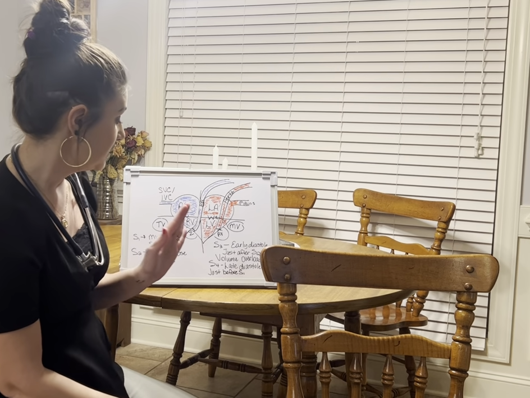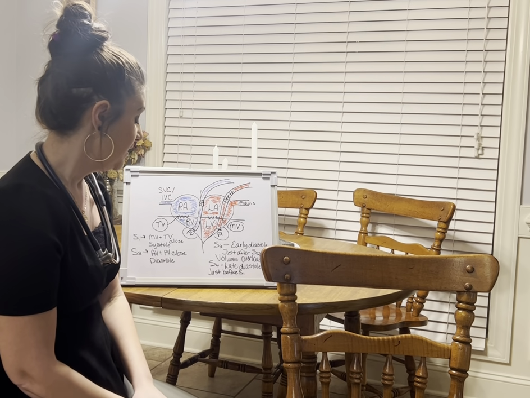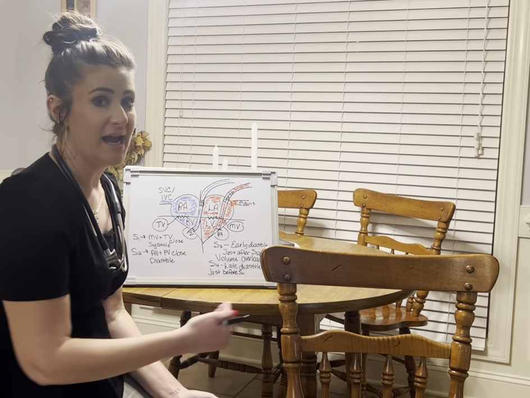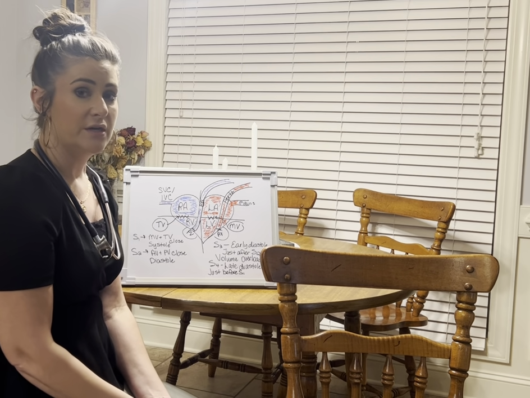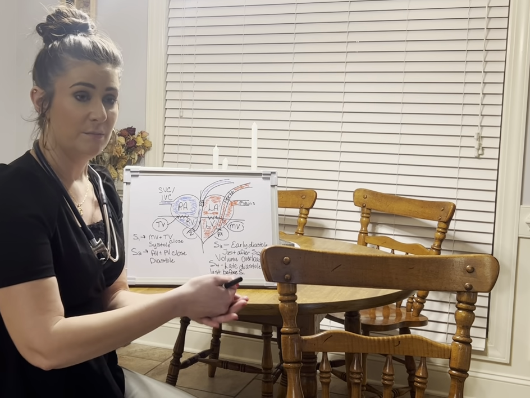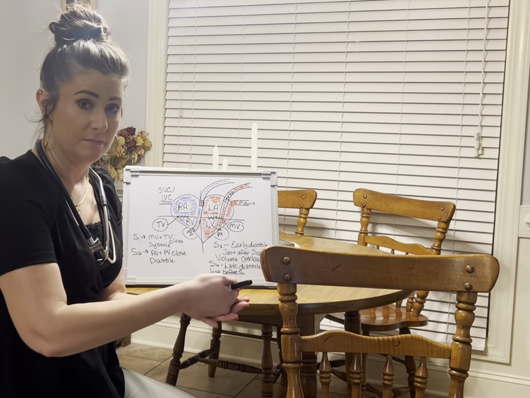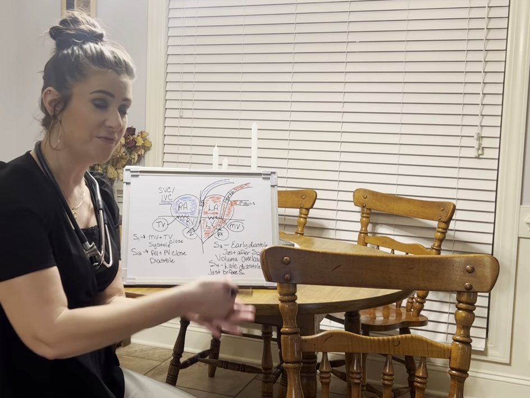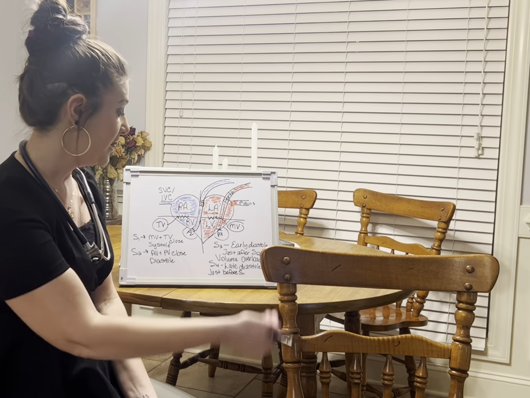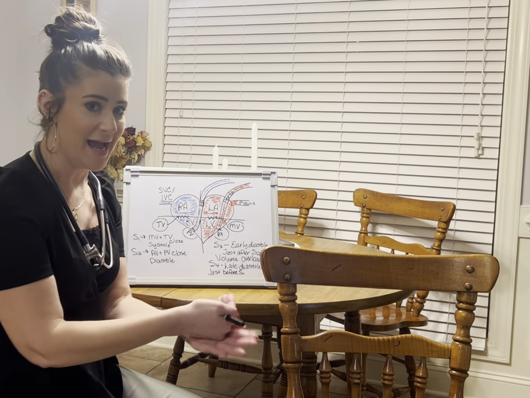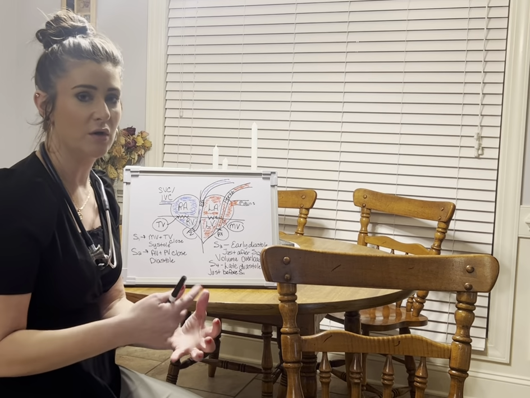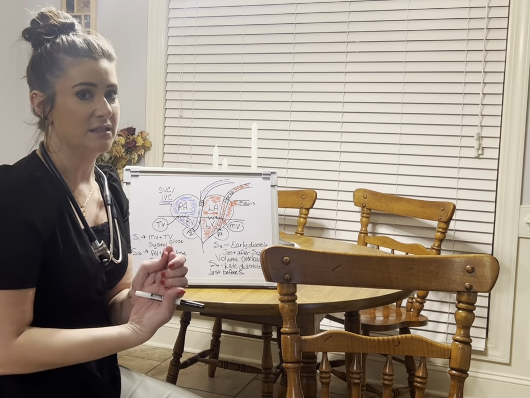So I want to say, S3 is actually heard immediately after S2. So you'll hear your normal lub-dub, but kind of like a lub-dub-dub, lub-dub-dub. Okay, so it's immediately after S2. And that is your S3. That occurs in early diastole, because remember, S2 marks the beginning of diastole, okay?